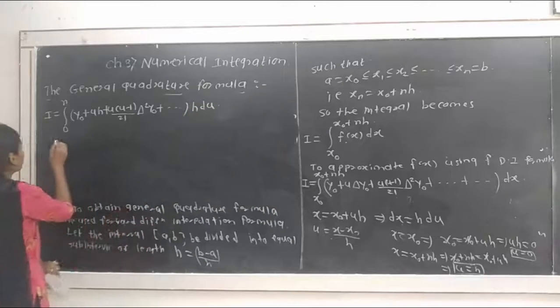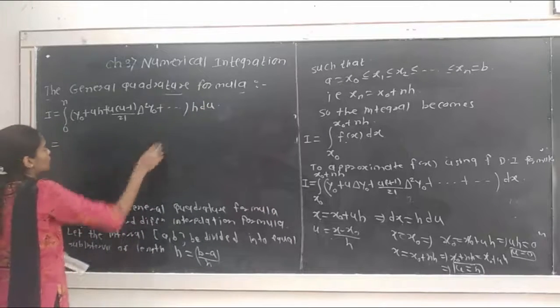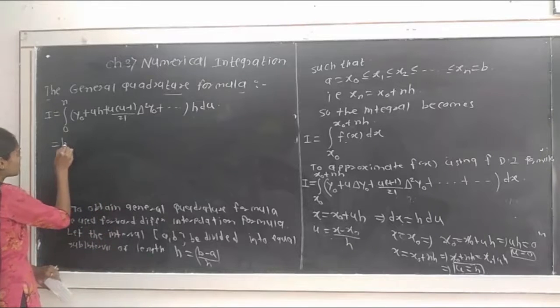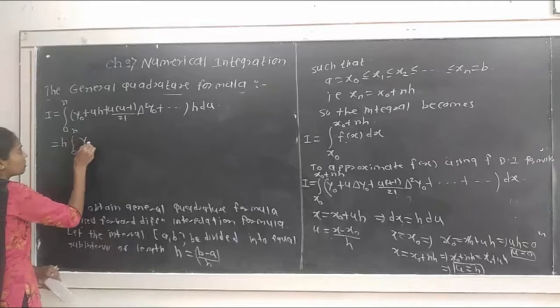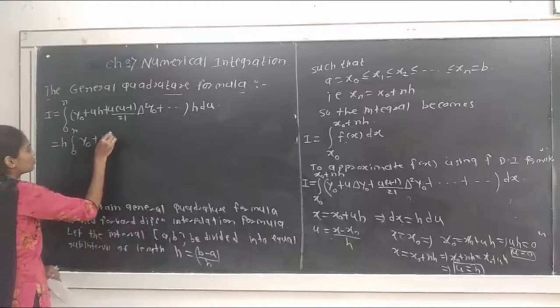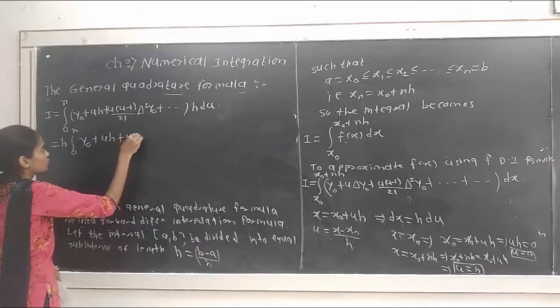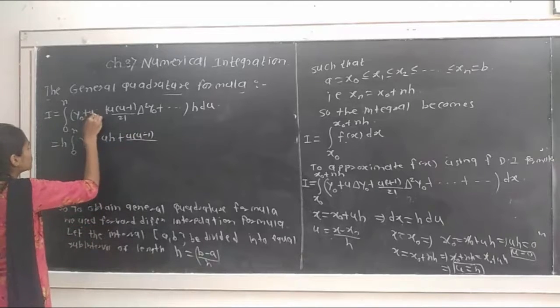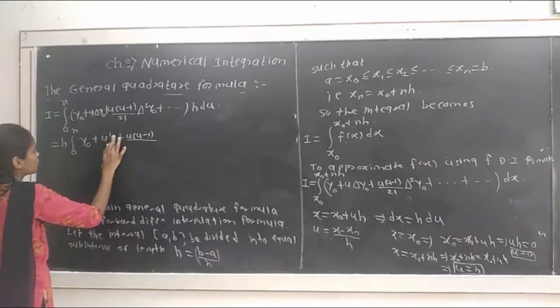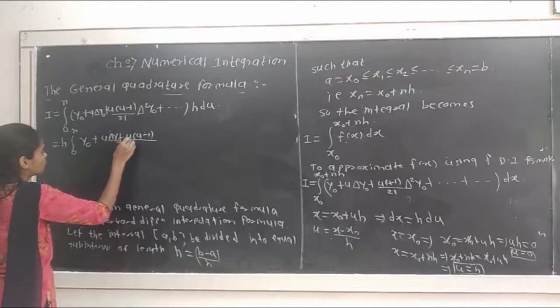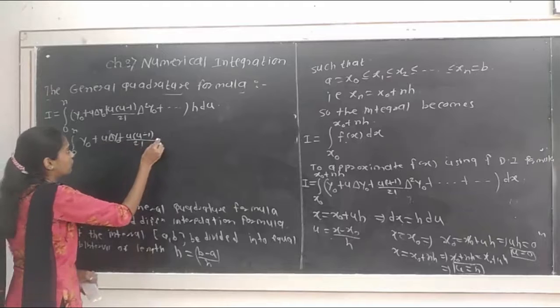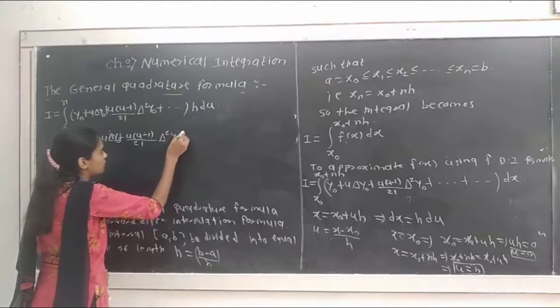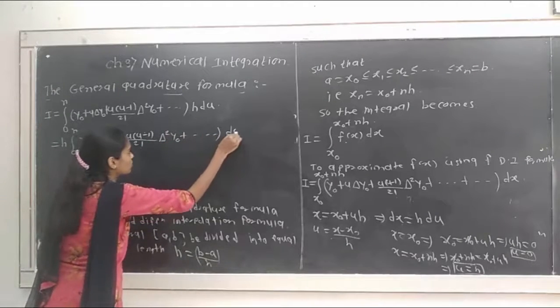Here h is constant, so we take it outside the integration. In the integration, only the integral from 0 to n remains of y0 plus u into delta y0 plus u into u minus 1 divided by 2 factorial delta square y0 plus, and so on, into du.